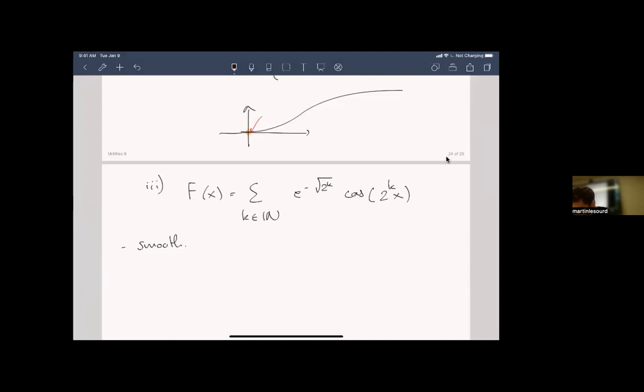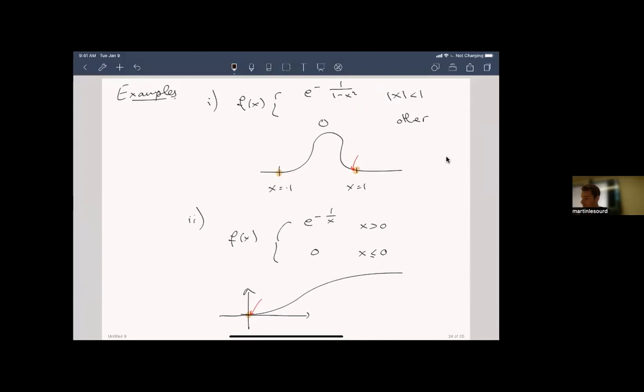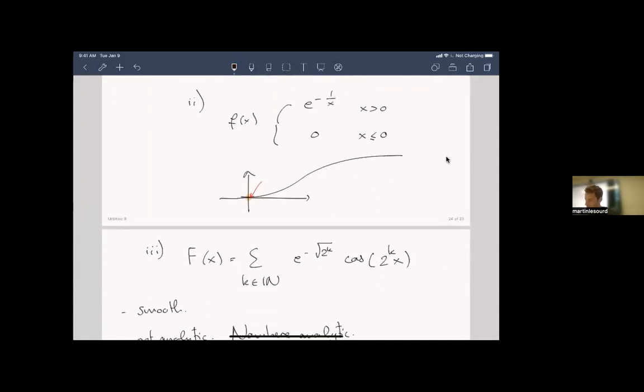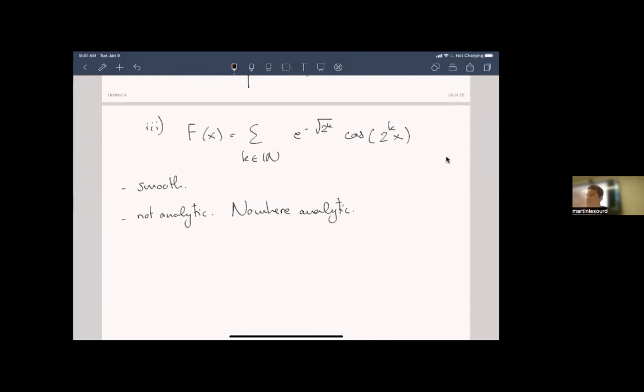But in fact, it's not analytic. The reason this is a fun example is because it's actually nowhere analytic. So in these cases above, we could locate the non-analyticity to a single point. In this case, this function is actually nowhere analytic. It's kind of a pathological example.